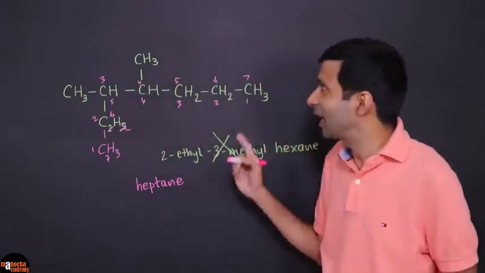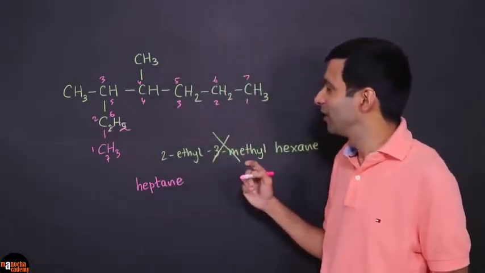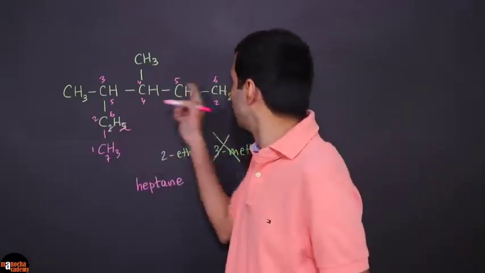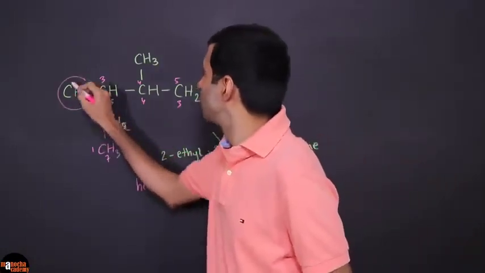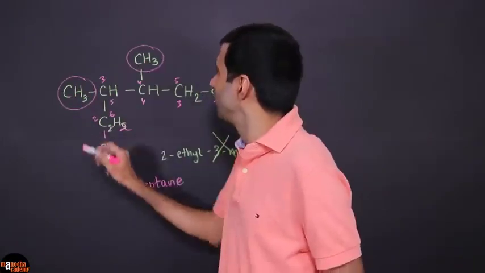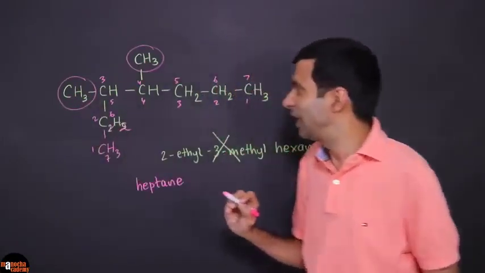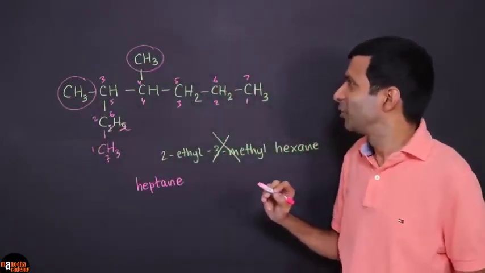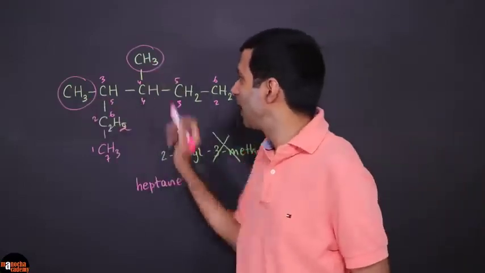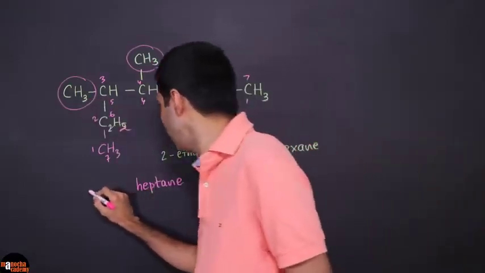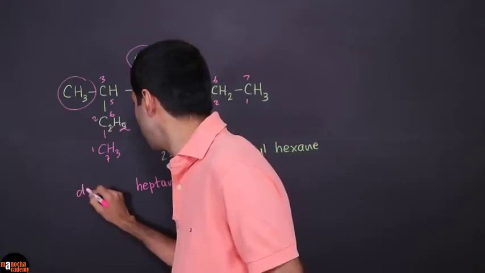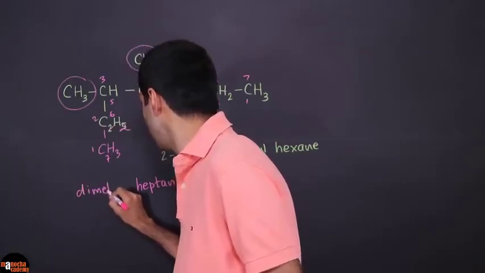And what are the attachments in front of this name? Because you can see the attachments or the substituents we have here are 2 CH3s, right? And you know CH3 is the alkyl group, so it's a dimethyl. So we have a dimethyl in front of the name here, the prefix part.